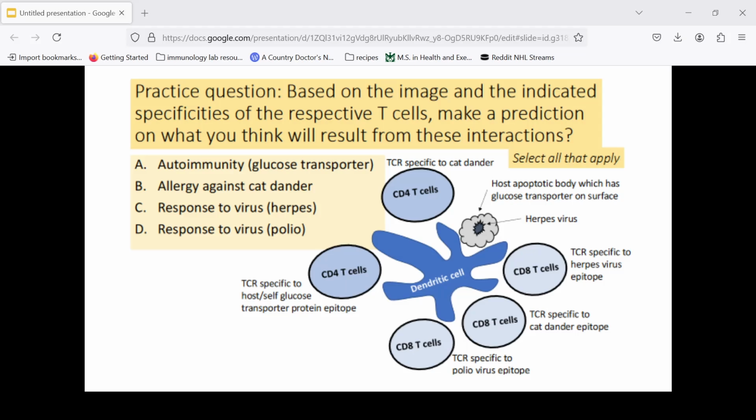We are going back. We are going to see the response to herpes, but there's more to it than just signals 2 and 3 from the dendritic cell and the presentation by the MHC1. Because it's a CD8 T cell, we also have to have the second signal 2 and second signal 3.